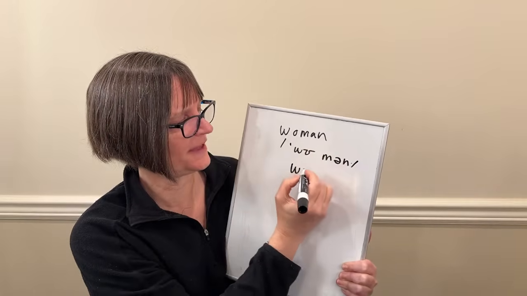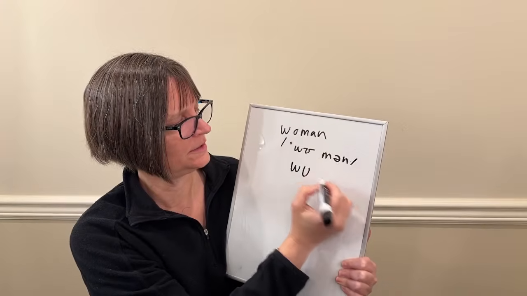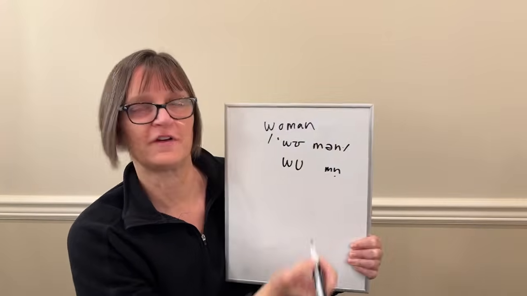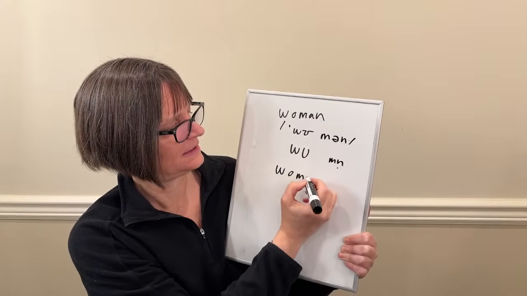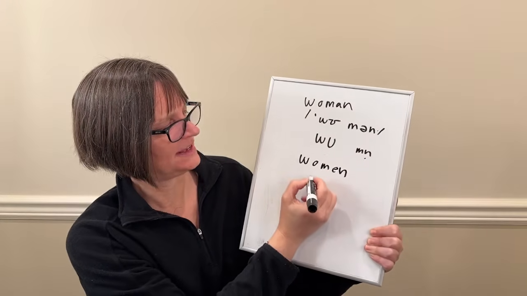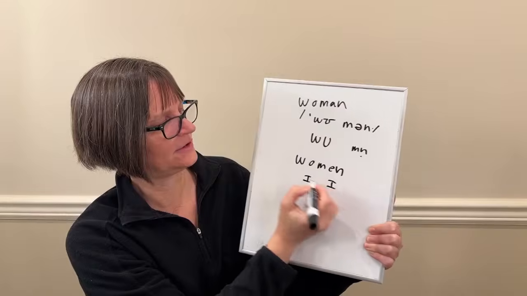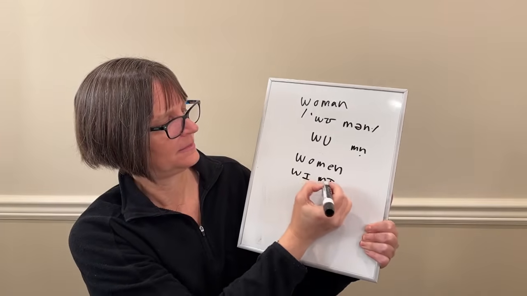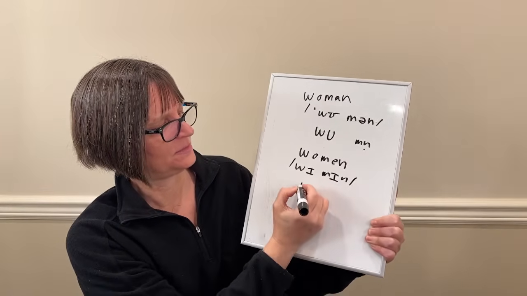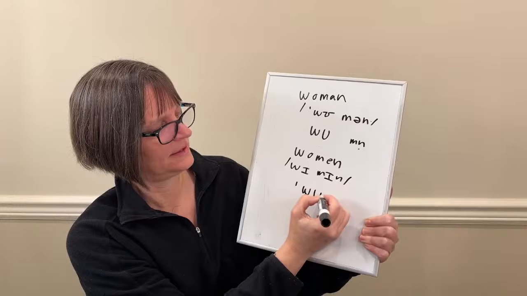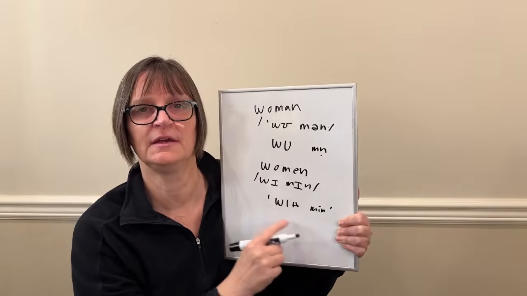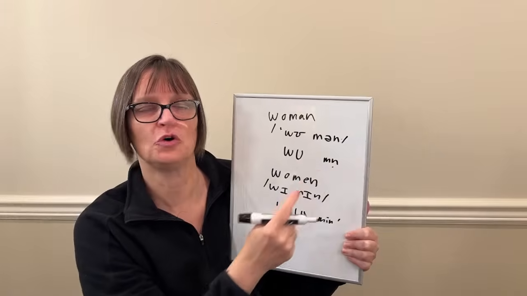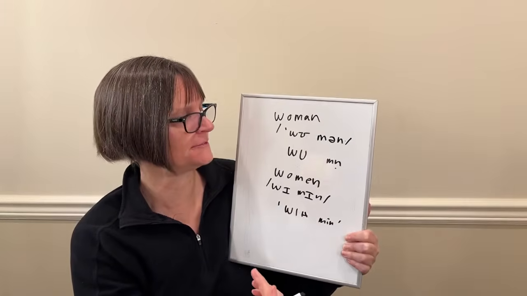So you can think about that as woman, very little vowel there. And then women, now my letter O says the ih sound, and so does my letter E. So think of this as women. So there were many women. That woman told me to do it.